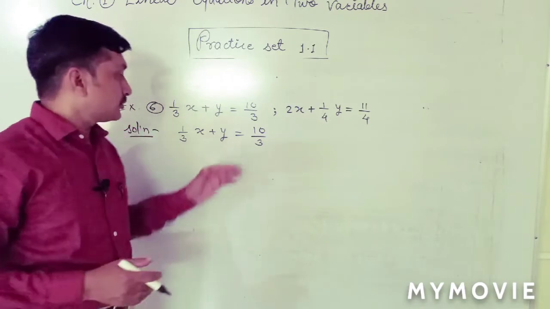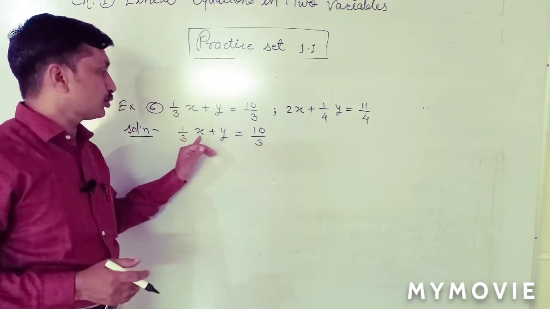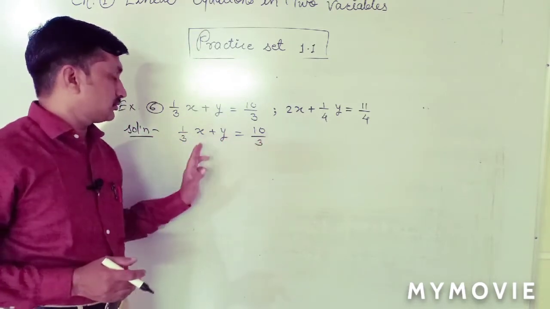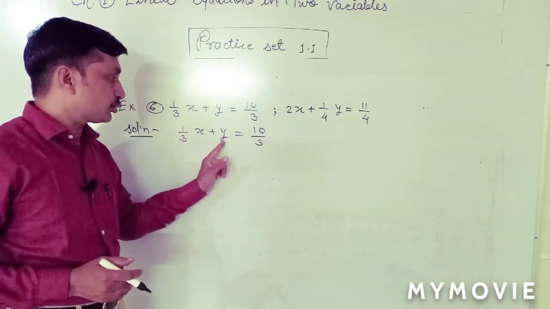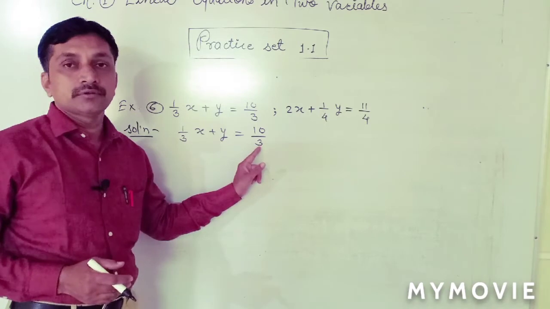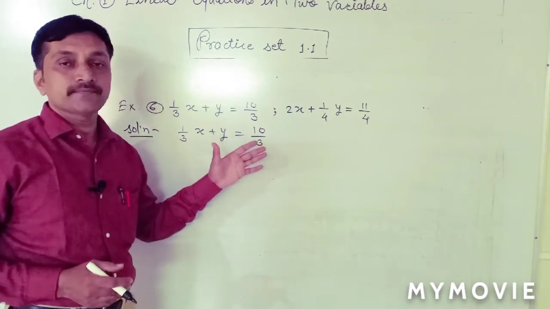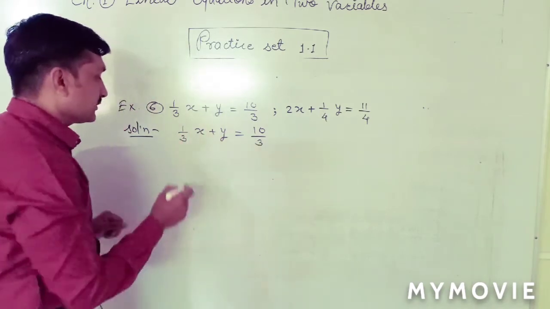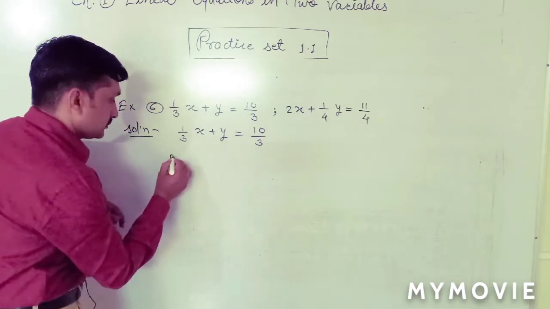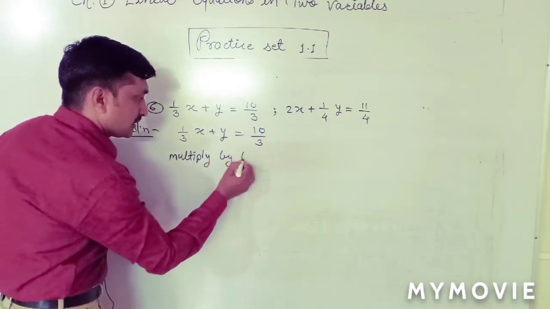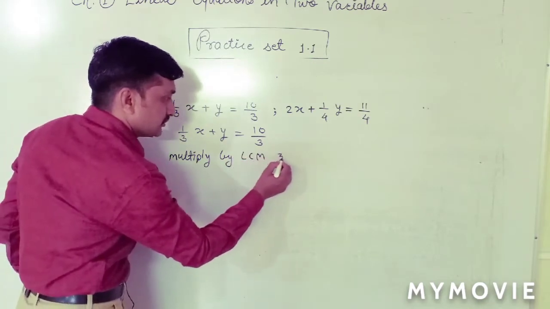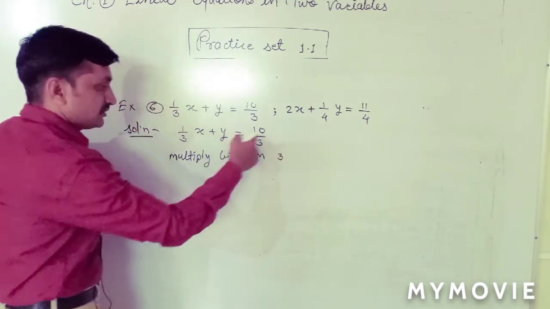If we don't want them, then multiply all three terms by the LCM. The LCM of these denominators, here 3, here 1 and here 3, is 3, and that's why we multiply by the LCM 3 to these three terms.